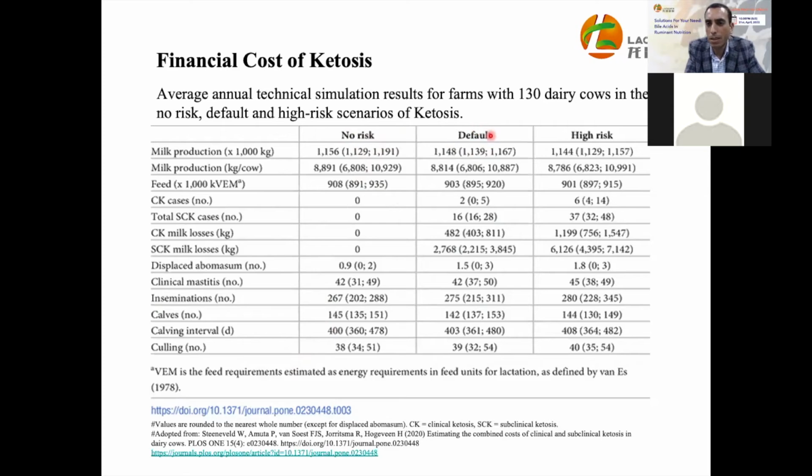This represents commercial dairy farming in reality, and the third one represents a high risk of disease occurrence.